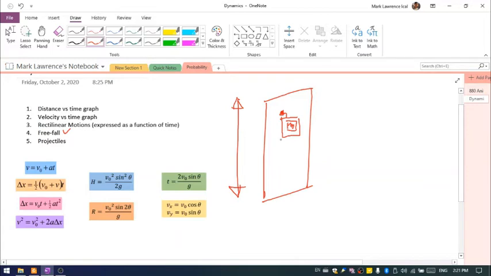So, mangyayari, mahuhulog yung salamin at mababasag. Okay? So, that's a good example of a free fall, because a free fall is basically saying it's falling freely. Alright, so there's no restriction on the movement, so it's just falling freely.